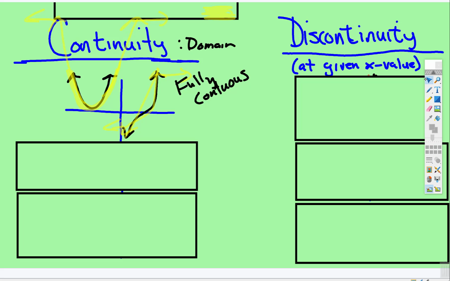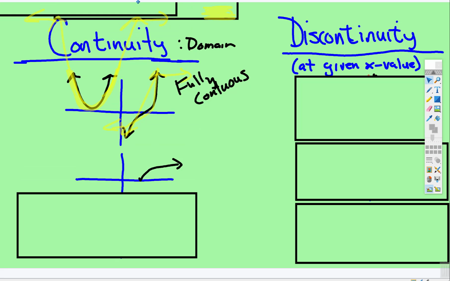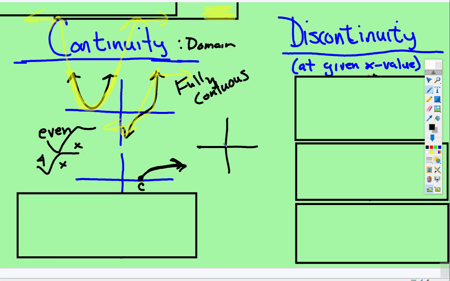All right, then we have even roots. So square root, fourth root, sixth root, you get the idea. From their starting point, wherever that is, and whichever direction they go, because sometimes, remember, an even root can look like this, it can look like that.